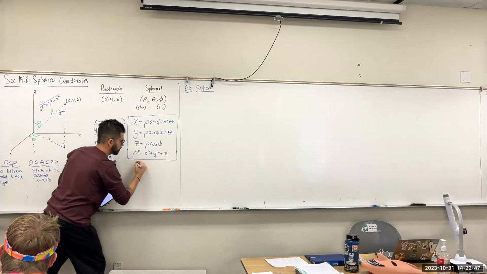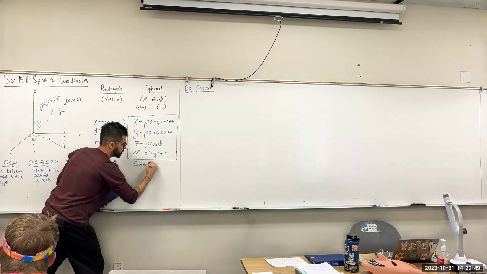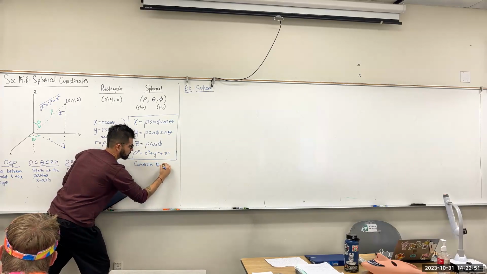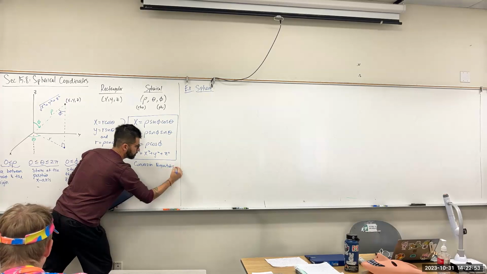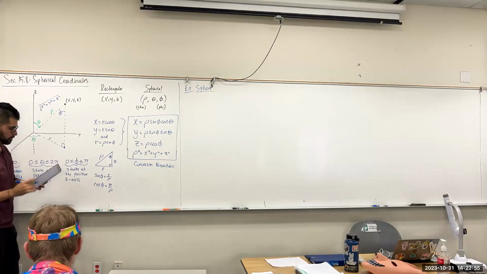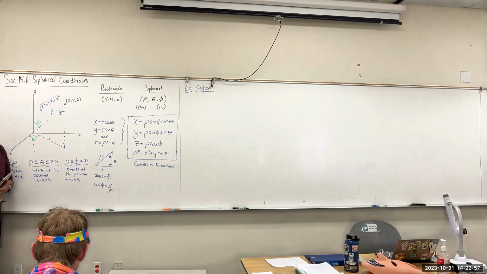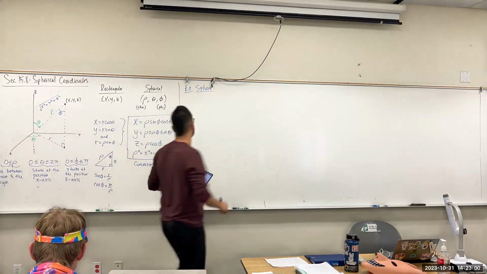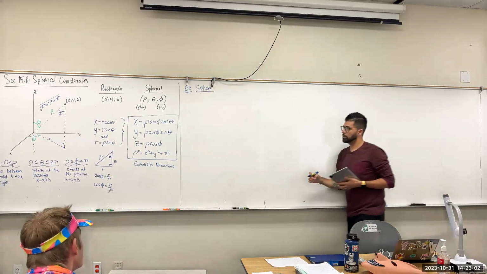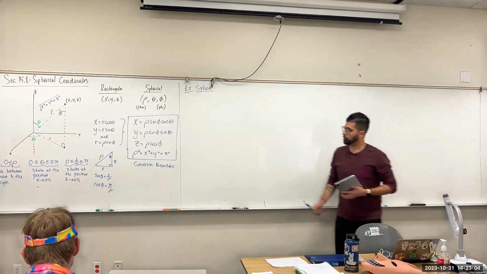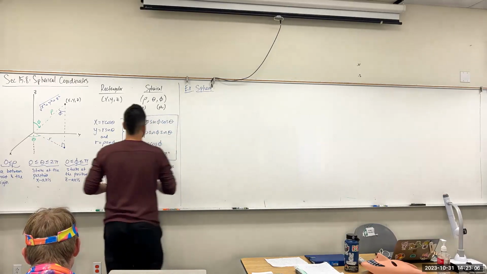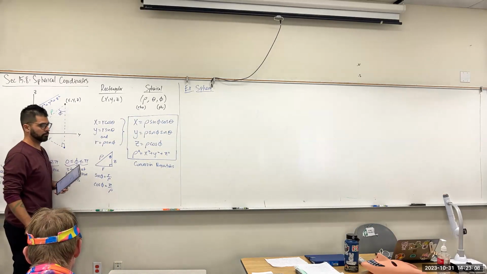I forgot that one. Conversion equations. Sorry. So anywhere I see x squared plus y squared plus z squared, I can now substitute it with rho squared. Okay?